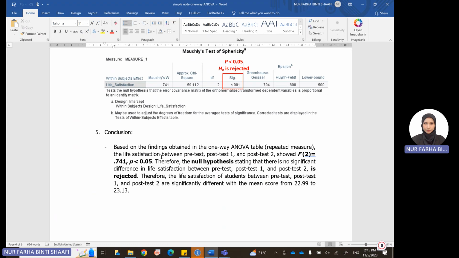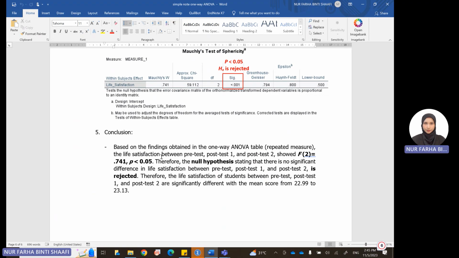Therefore, the null hypothesis, which states that there is no significant difference in life satisfaction between pre, post 1, post 2, is rejected. When I say the null hypothesis is rejected, it means the life satisfaction of students between pre, post 1 and post 2 are significantly different, with the mean score from the descriptive statistics table changing from 22.99 to 23.13.